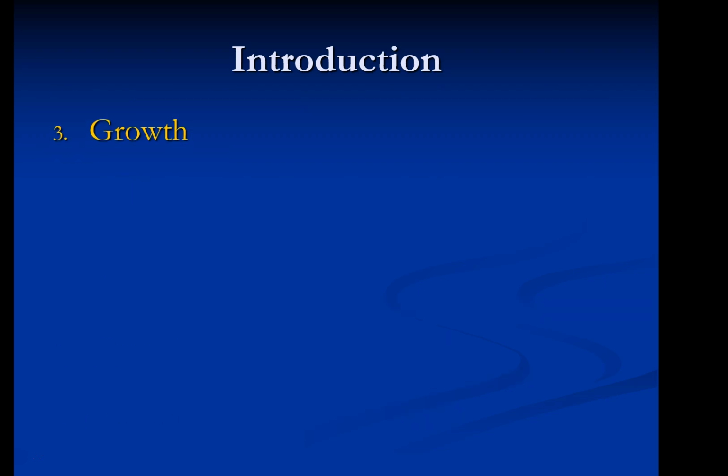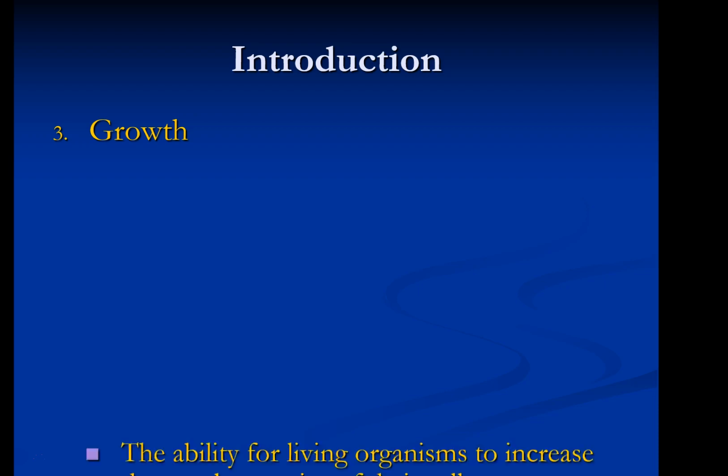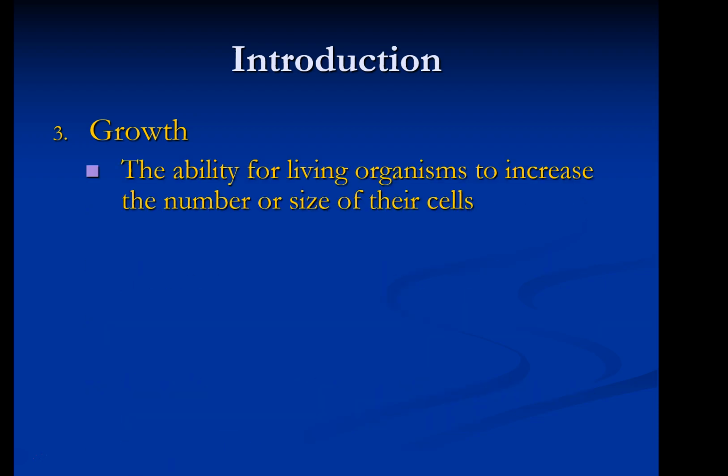All right, so third, growth. This one you probably would have gotten. Obviously, this is the ability for living things to get larger. They do this by increasing the number of cells or the size of those cells.